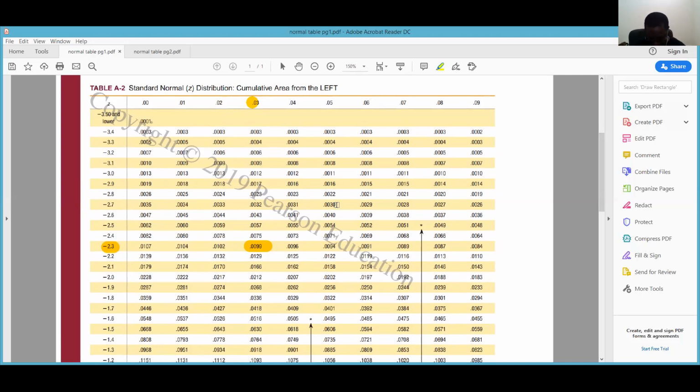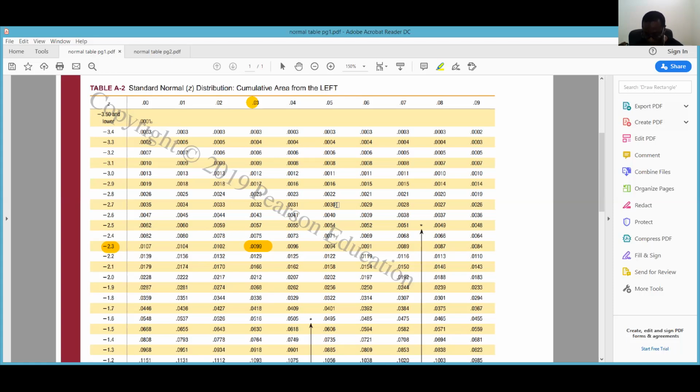Let's do 119 divided by 280 minus 0.5, divided by the square root of 0.5 times 0.5, which is 0.25, divided by 280.